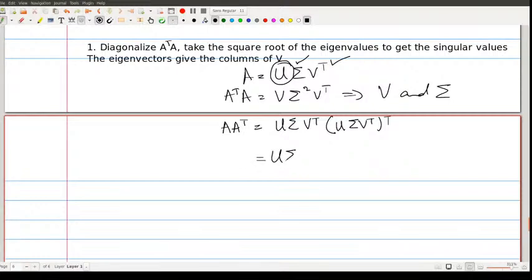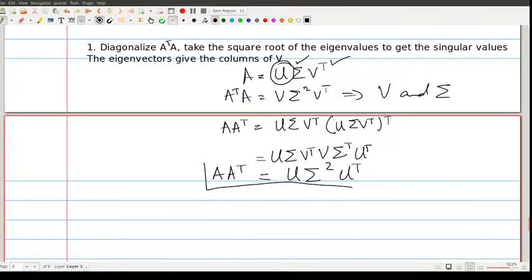So we get U sigma V transpose, V sigma transpose U transpose. And so this becomes the identity, giving U sigma squared U transpose. So again, instead of solving for U directly, we're now going to diagonalize A A transpose.